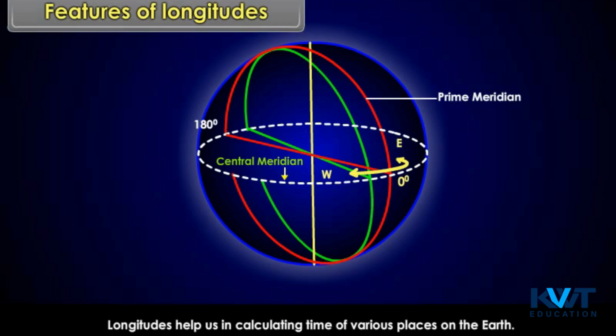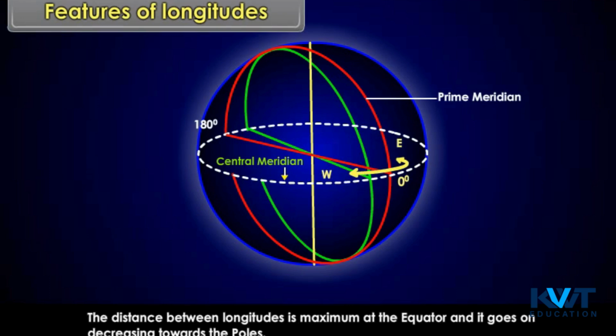Longitudes help us in calculating time of various places on the earth. The distance between longitudes is maximum at the equator and it goes on decreasing towards the poles.